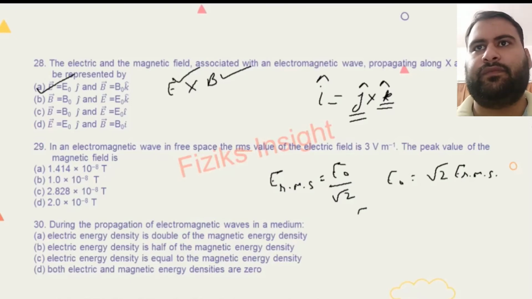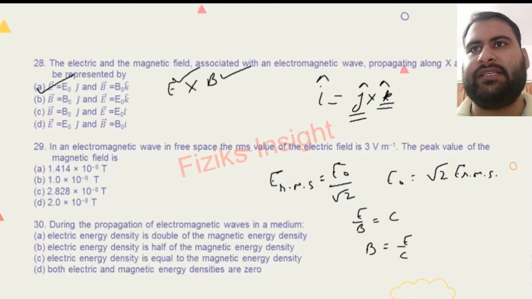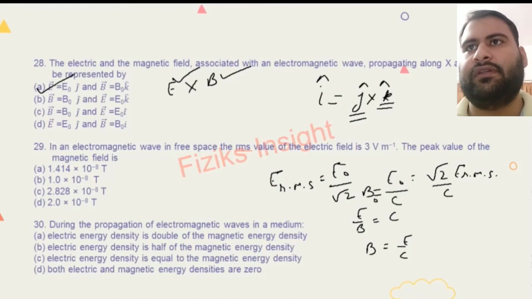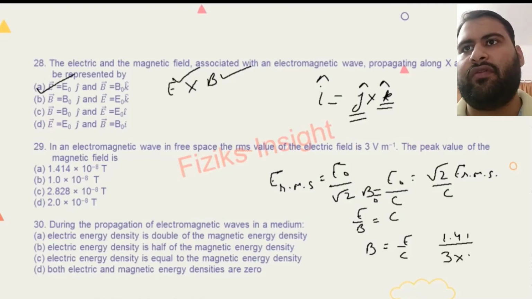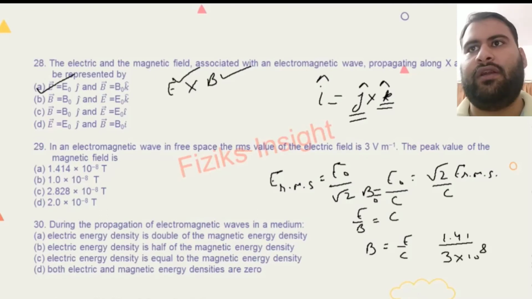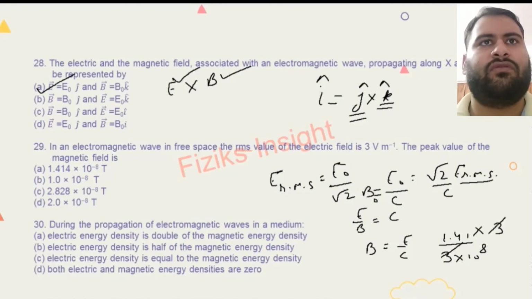Moreover, E upon B is equal to C. So B can be evaluated as E by C. Now if you divide this equation by C, you will easily get B naught. Okay, so root 2 means 1.41 upon 3 into 10 raised power 8 into 3. Now value of E root mean square, it is 3. So it comes out to be 1.41 into 10 raised power minus 8. So 29th, first option is correct, that is A part.